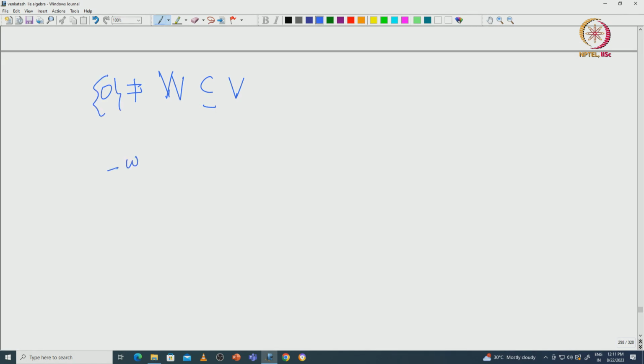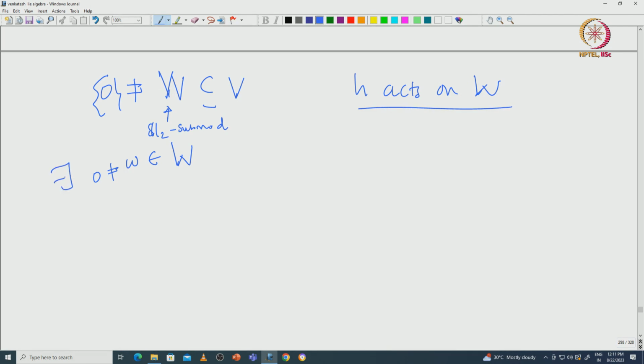Then there will be a w inside this W which will be an eigenvector of H, because W being an sl2 submodule, H must act on W. So in particular there exists w in W such that H w has some eigenvalue mu.